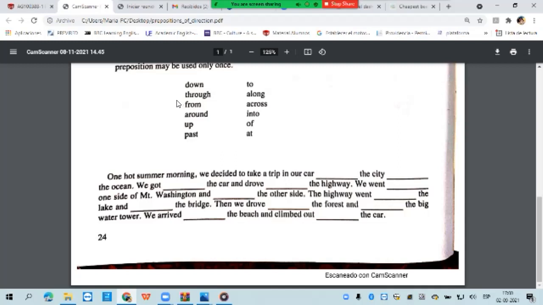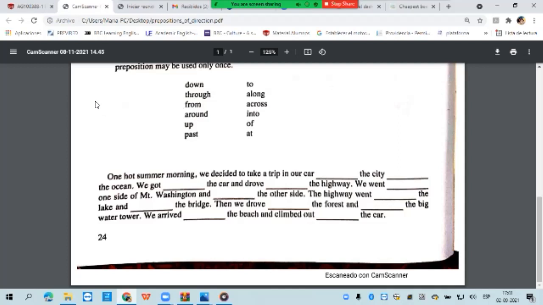Okay, let's see who can continue. I'm not sure, but I'm going to try. Daniela? We went up one side of the Mount Washington and past the other side.